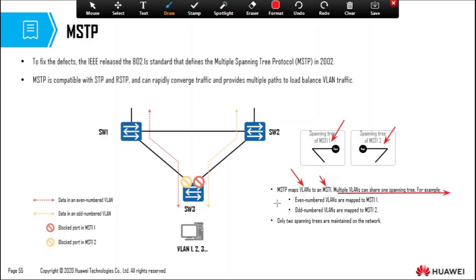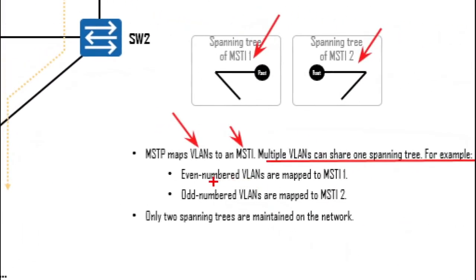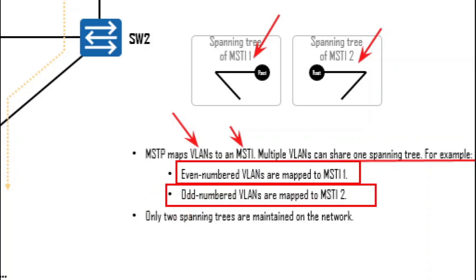For example, one of the commonly used methods of doing it is this. Even numbered VLANs are mapped to MSTI1, and odd numbered VLANs are mapped to MSTI2. So only two spanning trees are maintained on the network.